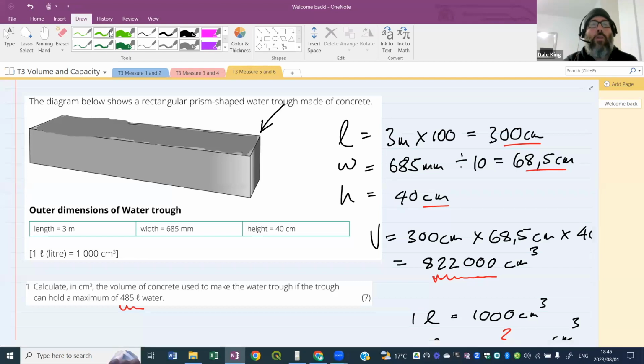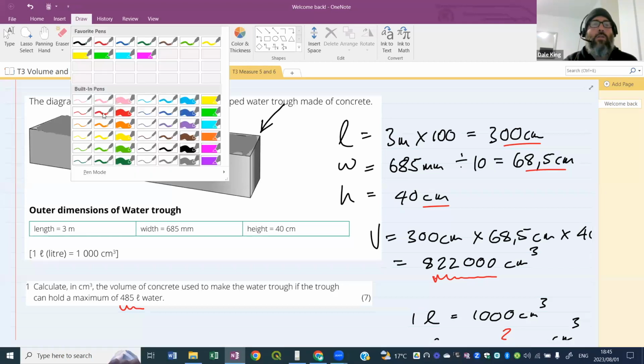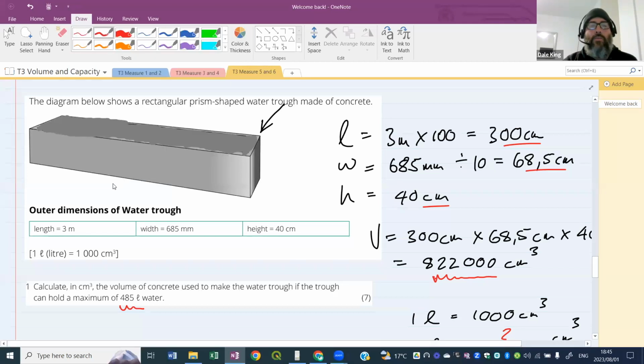That concrete solid block has dimensions, okay? Its length, I'm going to use centimeters now, is 300 centimeters. Its width is 68.5 centimeters. And its height is 40 centimeters.